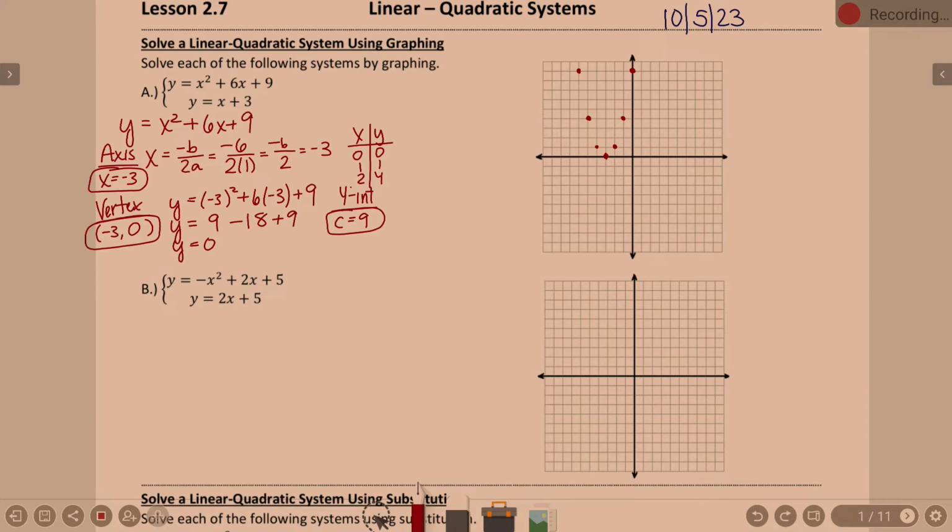Keep in mind, we're solving a system of equations here. So it's going to be important how and where we graph these. And notice that next set of points that we did is over 3, up 9. We already did that, but it ends up being over 3, up 9. Okay, so I'm going to attempt to connect my points here.